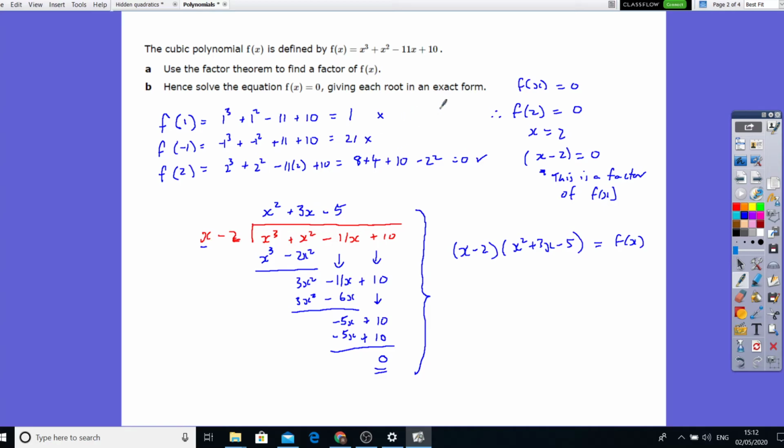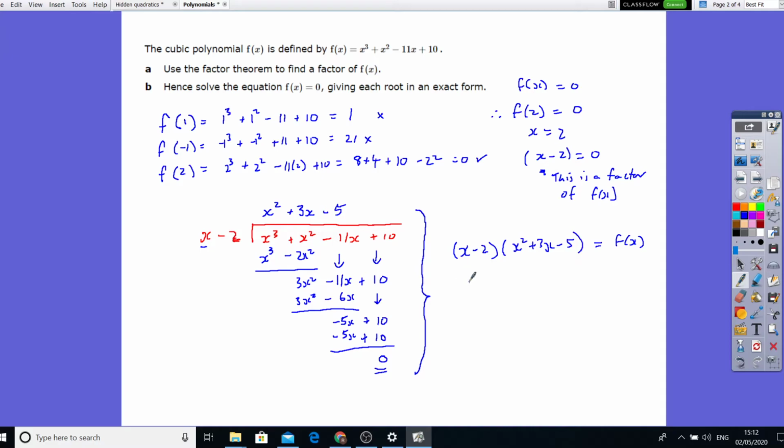Now it says exact form, so I'm guessing it's not going to factorize fully. So we need to find when f of x is 0. We know that one solution when f of x is 0 is when x equals 2. We just need to find when this is equal to 0.